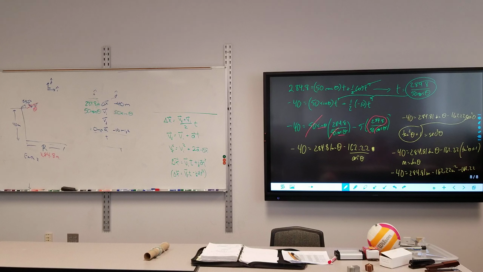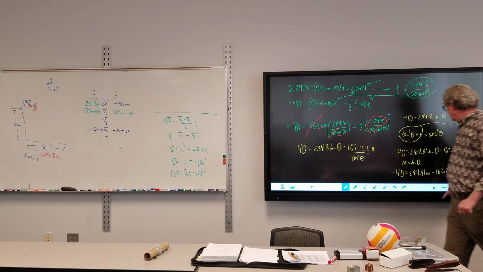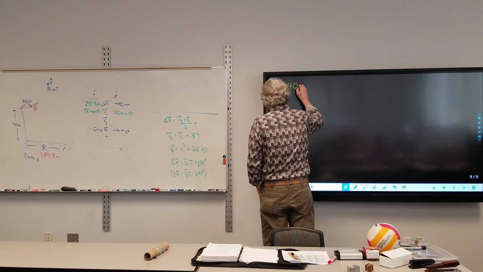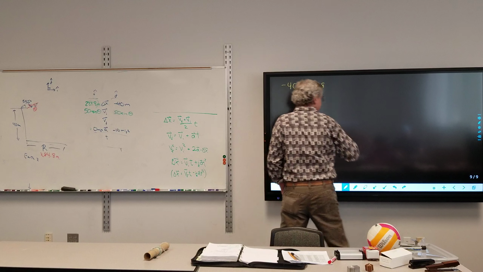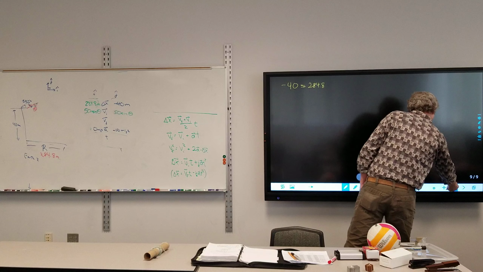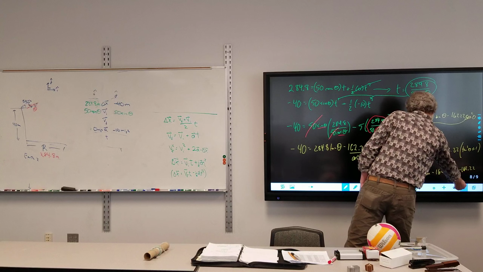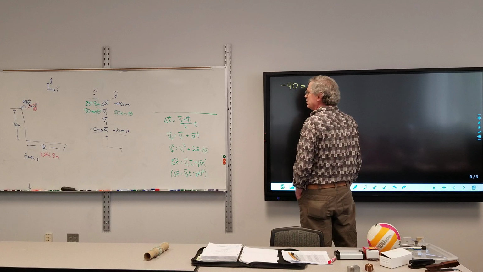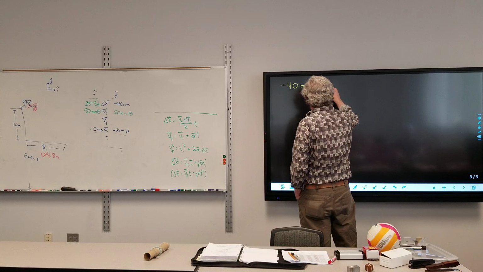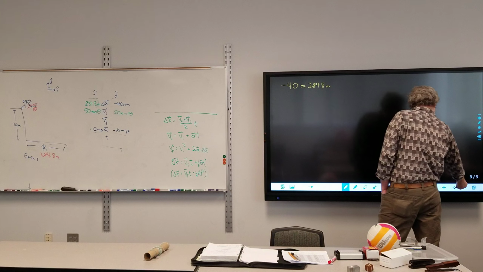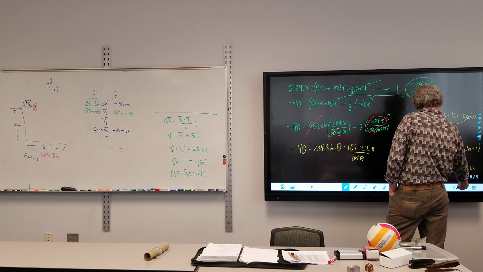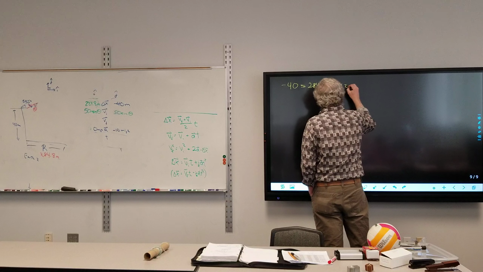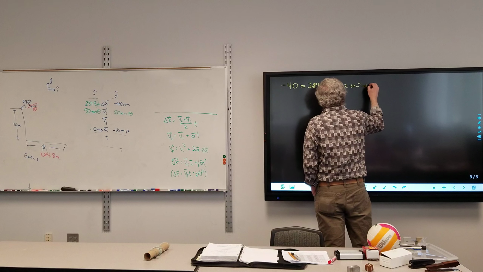I've run out of space here, so I need a new page. So I've got negative 40 equals 284.8 m minus 162.22 m squared minus 162.22.